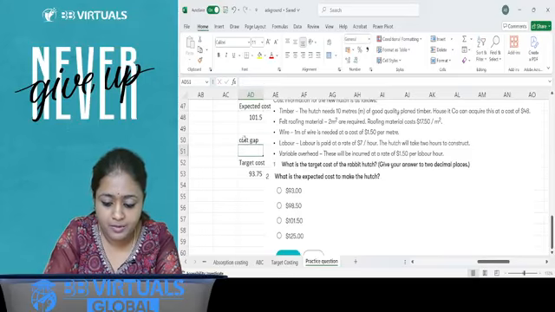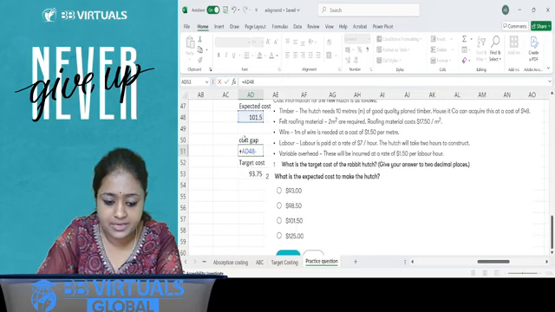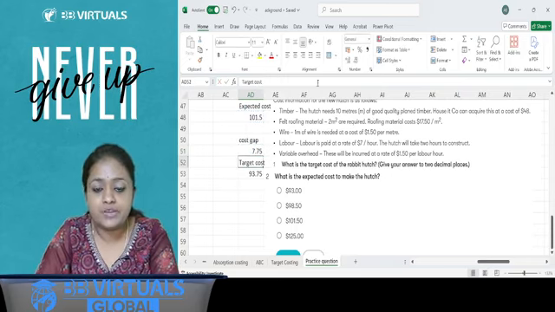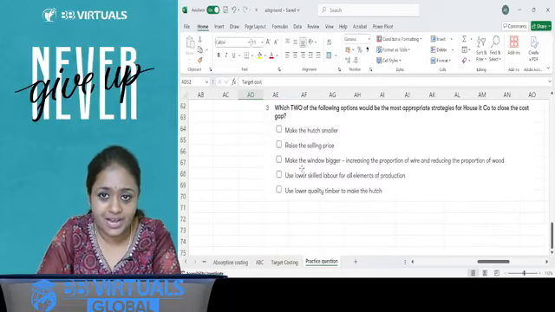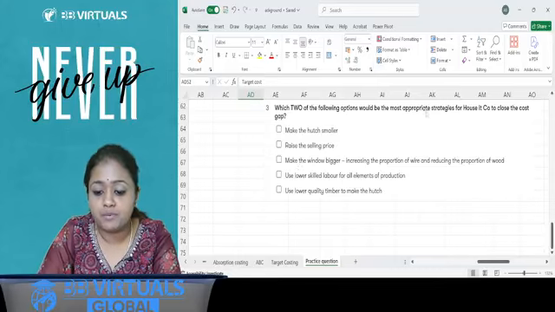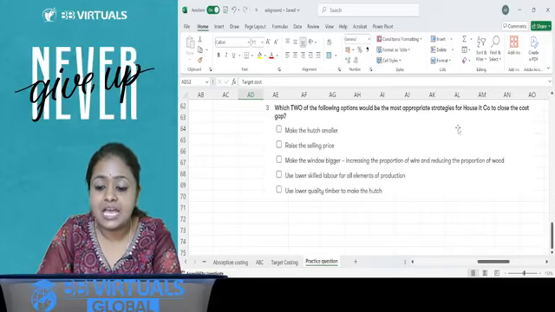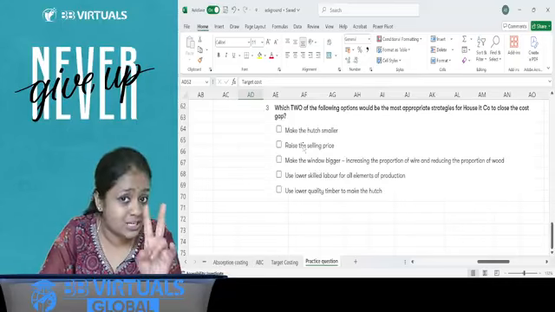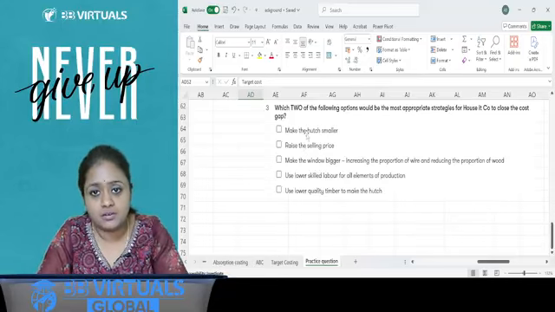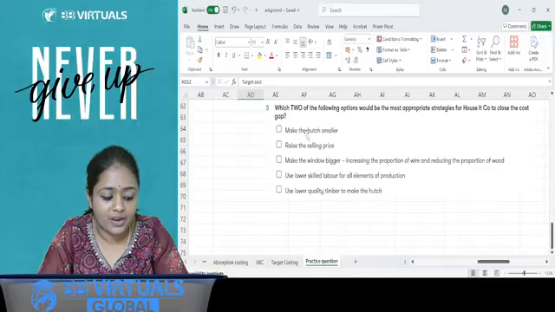So cost gap will be equal to this minus this, which is 7.75. Now though it is not asked, we have just calculated it. Which 2 of the following options would be the most appropriate strategies that House It Company can use to close the gap? Now we have to select 2. Make the hutch smaller? Ideally no, because it would affect the quality, right?